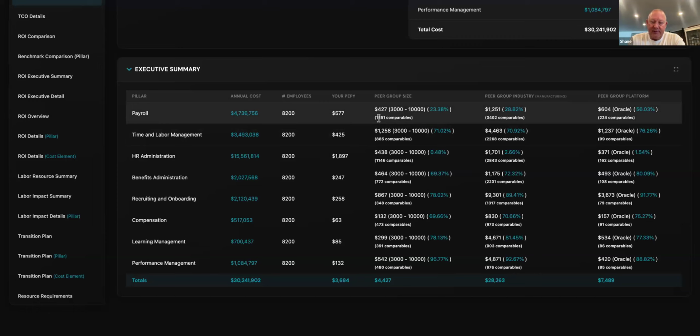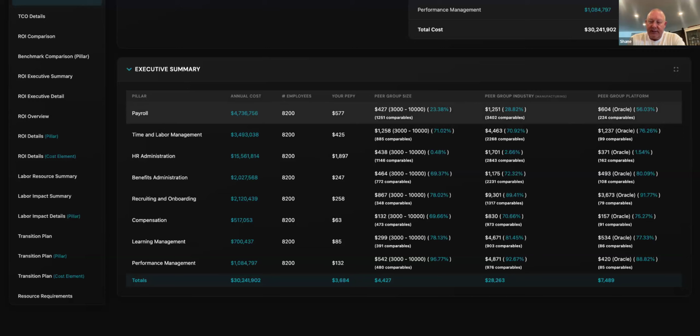Their average cost is 427. Here's 3,402 companies that are in this peer group of manufacturing, and that average is 1251.